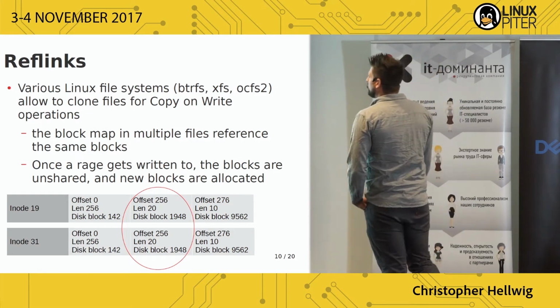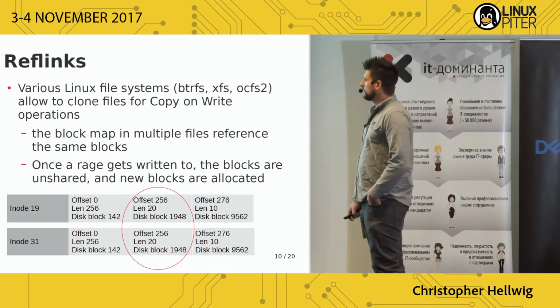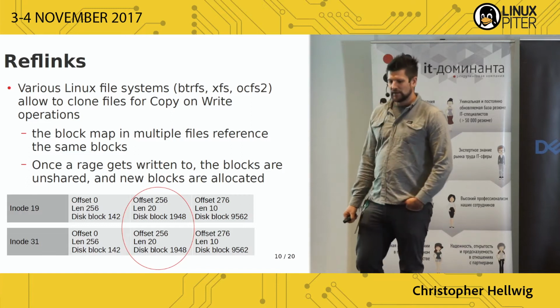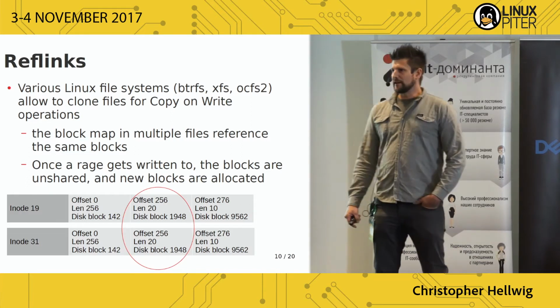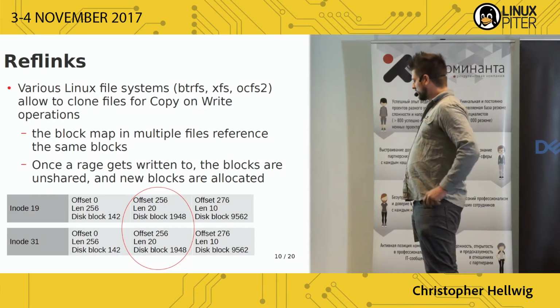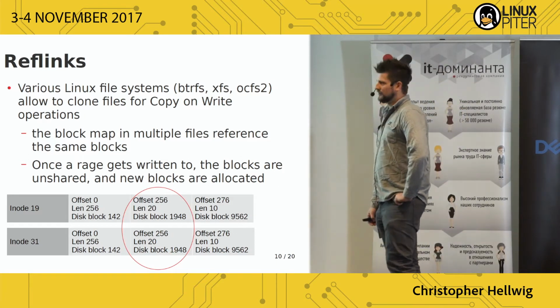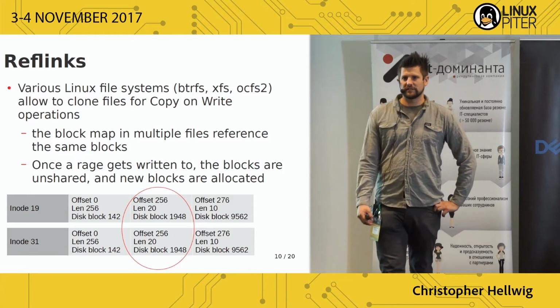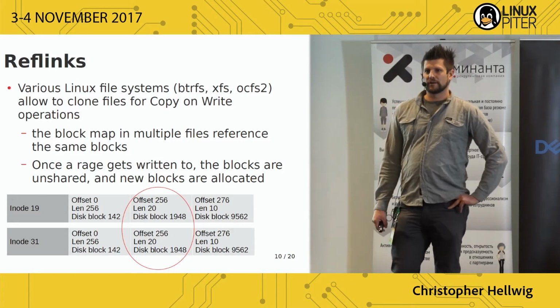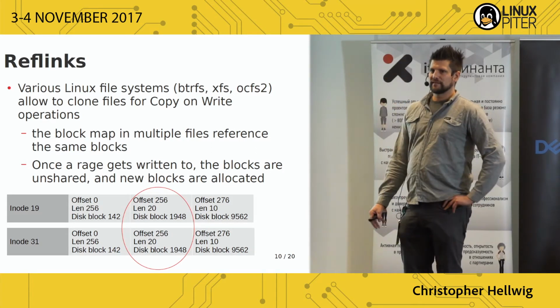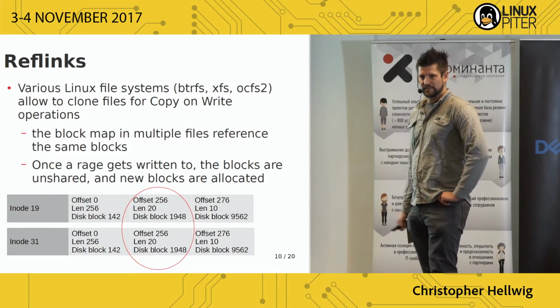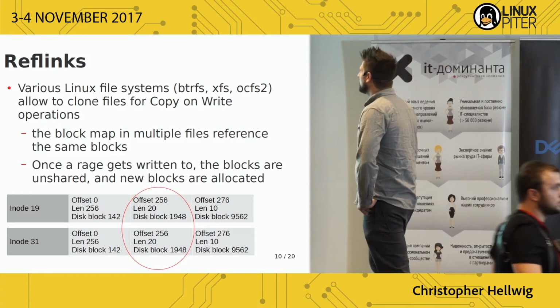And the thing we did before is a feature called reflinks, something we have in a couple Linux file systems. So the first one we had was in Btrfs, but we also have it in XFS and OCFS2, a cluster file system. We can actually export it over NFS now and sort of over CIFS, except the semantics are a little bit different.